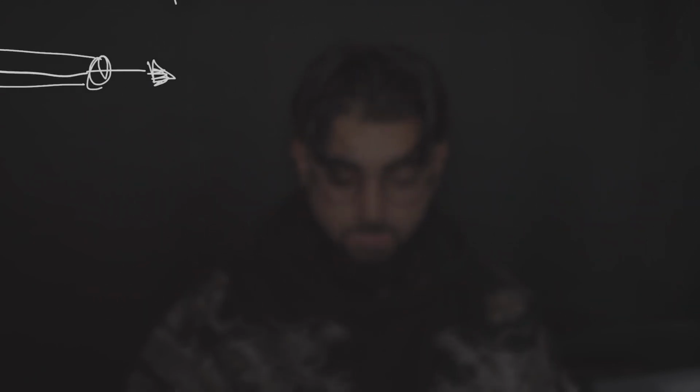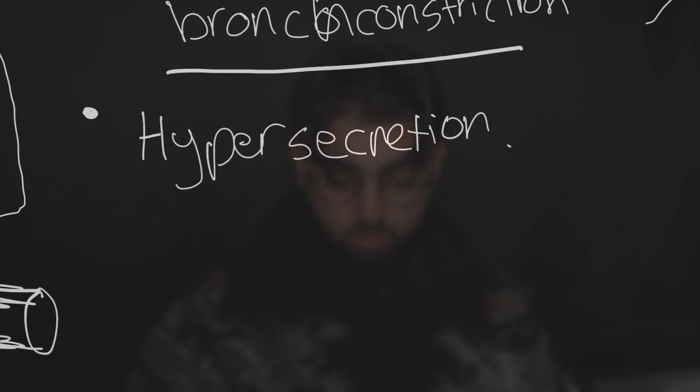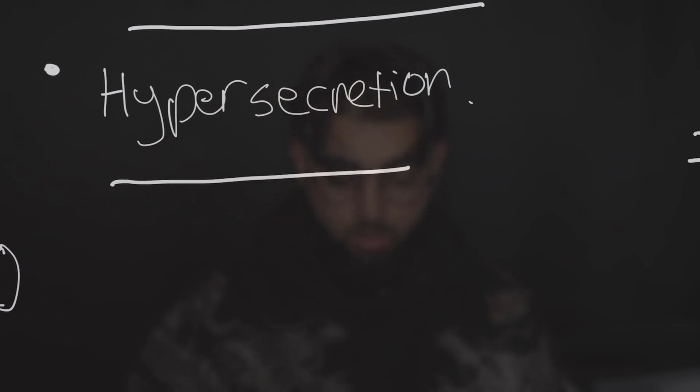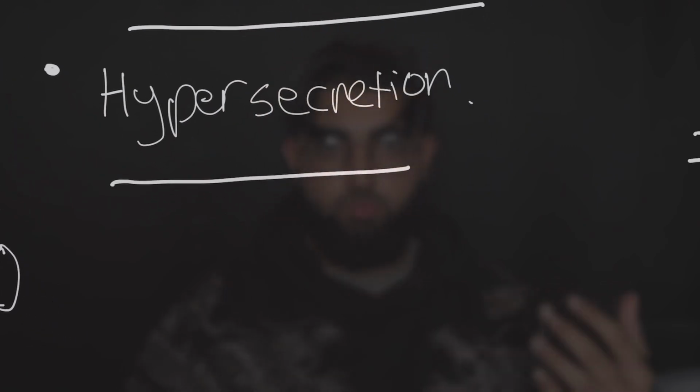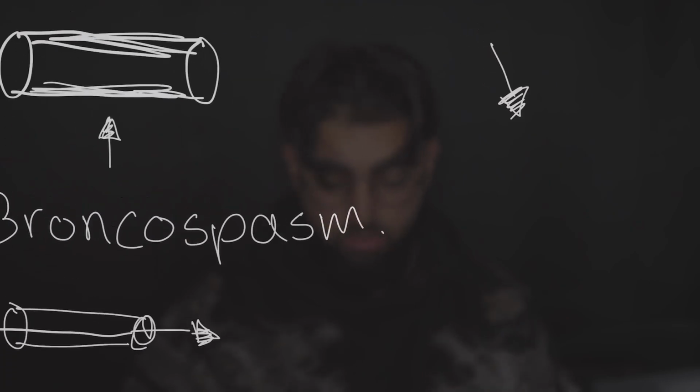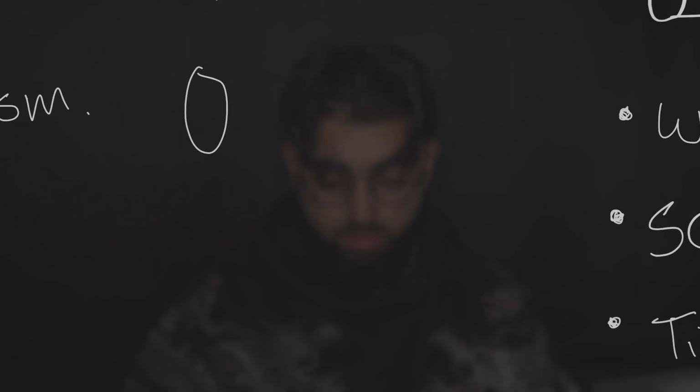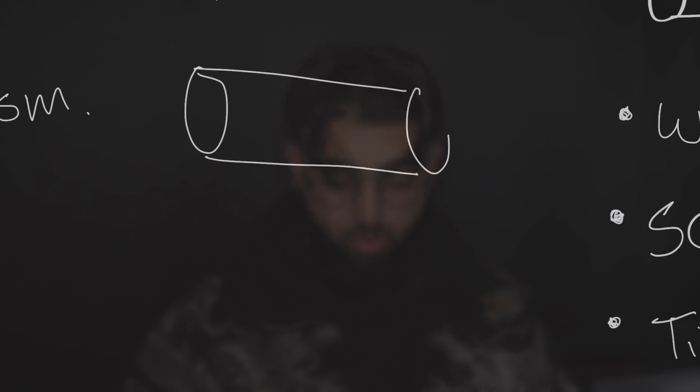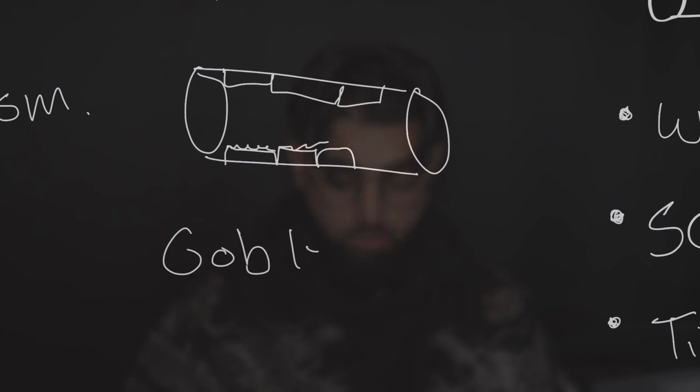The final thing that we can look at is airway hypersecretion. And what does that mean? We need to first understand that these airways are also lined with certain types of cells known as goblet cells.